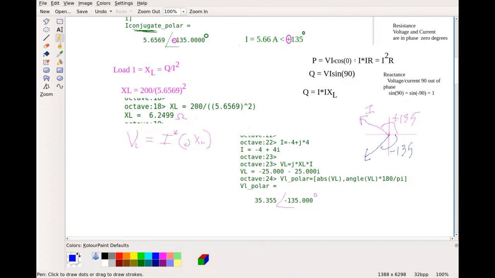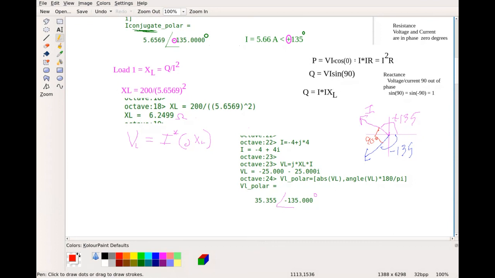And this angle, it doesn't look very much like it, but this is your 90 degree angle here.